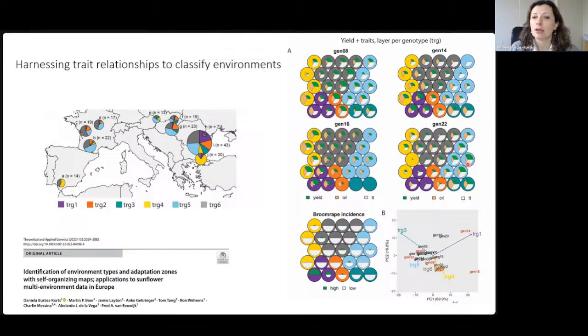So, for example, in gray trials, you would prefer genotype 16 or genotype 8, and in blue trials, you would prefer genotype 22. But these are just trials. We are looking at combinations between locations and years. And we wanted to group locations. That is slightly different.